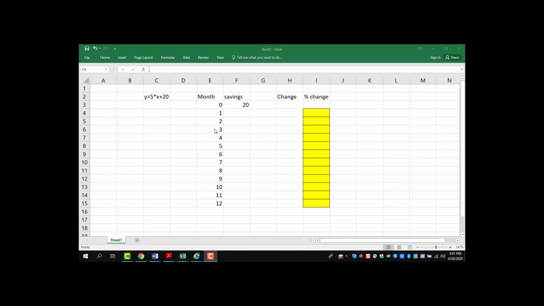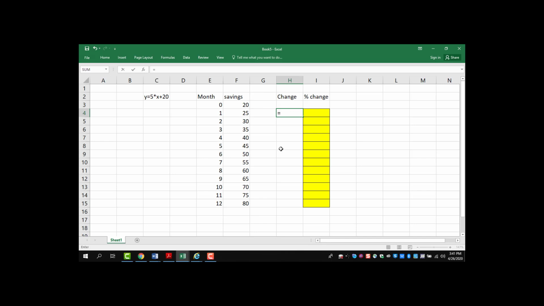Okay, this is what he was talking about. I'm going to start with $20 in my savings account and add $5 every month. Basically, it's a linear equation right here. So my next month is going to equal the month before plus $5. I'll do it recursively, right? And so on. Now I'm going to look at the change each month.